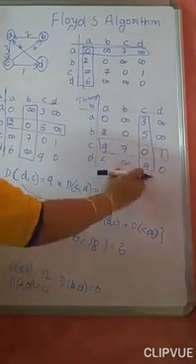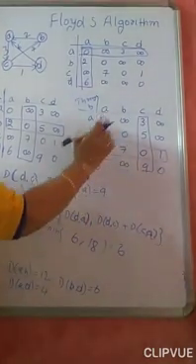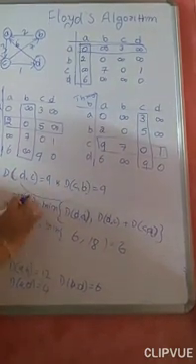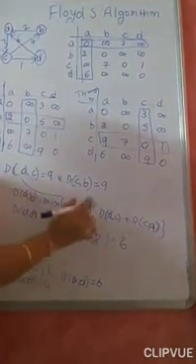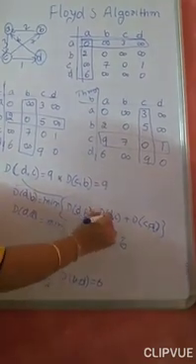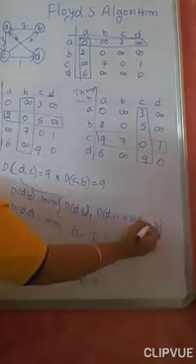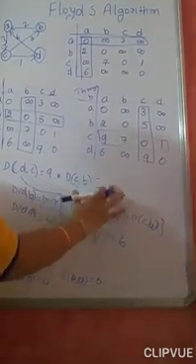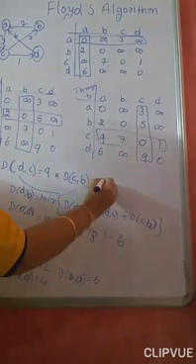So, 9 with 9, 7. 9, 7 means what? C to B. So, D to B: the previous distance from D to B and through C. C to B, what is C to B? C to B is 7.